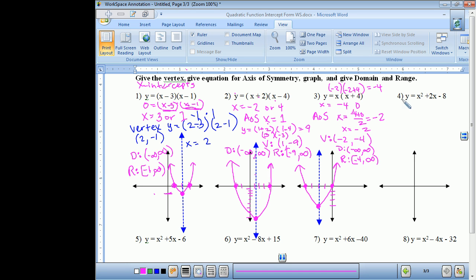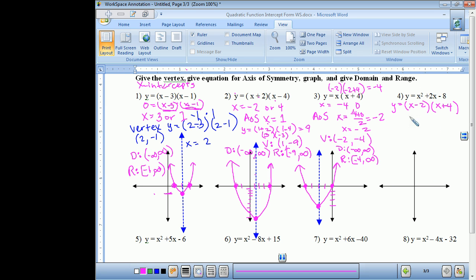Okay, now look at number 4. It is not factored. How would number 4 factor? Good. X minus 2 times x plus 4. So it's very similar to number 2, isn't it? It's just our signs have changed. Very similar to number 2, but our signs have changed.